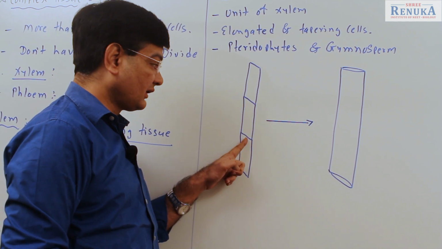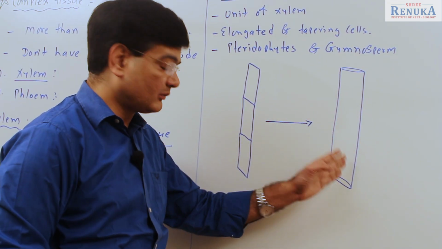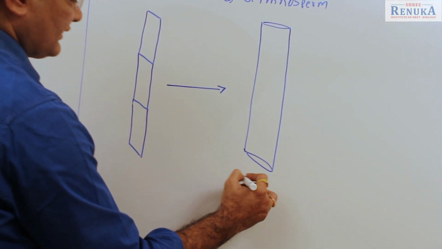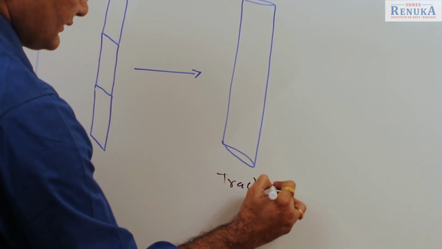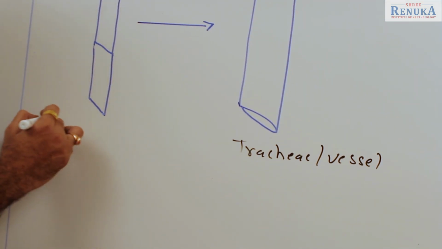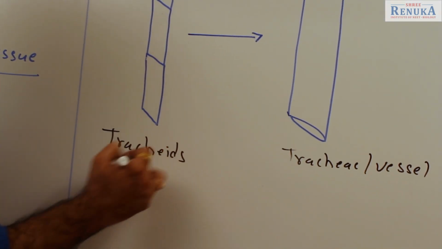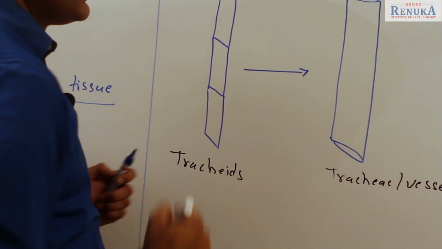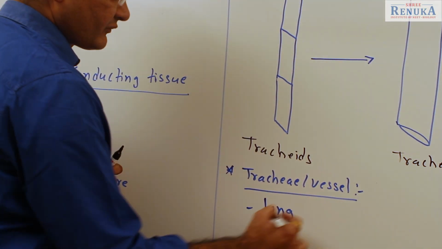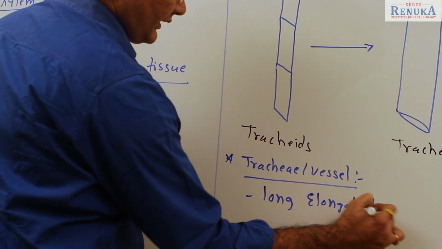When the separating wall between the tracheids disintegrates, a continuous column forms inside the xylem, and this tissue is called tracheae or the vessel. So tracheids get transformed into tracheae during development. The tracheae or vessels are long, elongated structures.